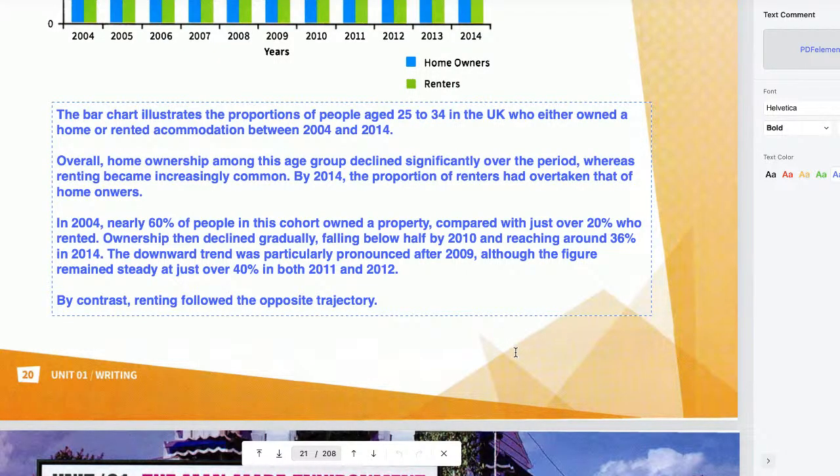So now we want to describe again from the first year, from the first year to somewhere in the middle and somewhere at the end. Or we just go from the first year to the last year if there's nothing special in between. So now we can say the proportion of. Do we have any other word to replace renters?